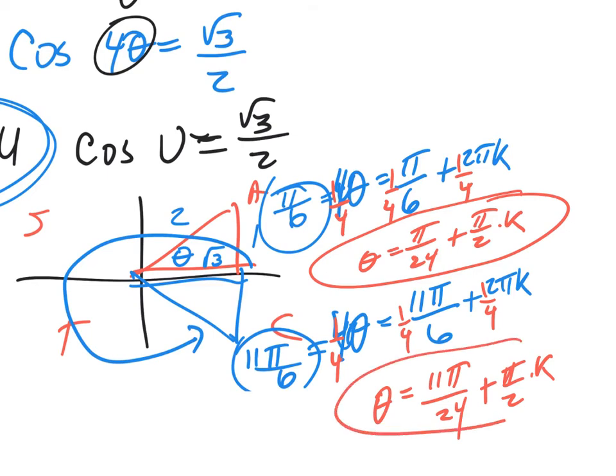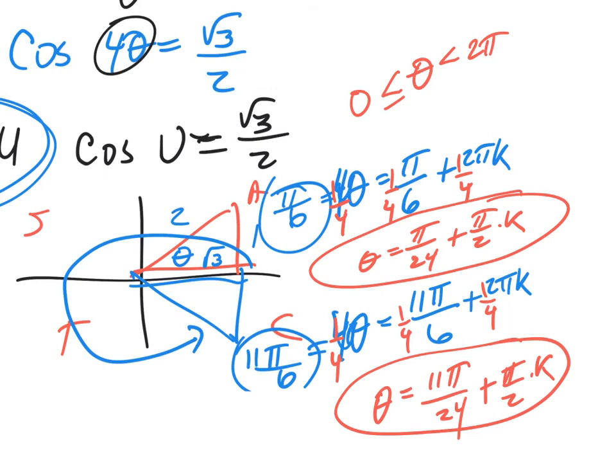But what if, just what if, the problem had said you have to give answers between 0 and 2 pi? Like your theta has to be between 0, can be equal to 0, and 2 pi can't be equal to 2 pi.